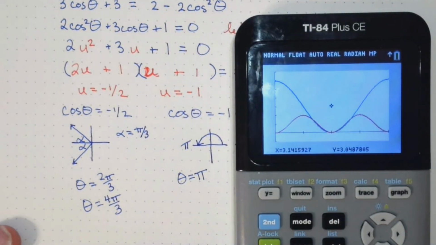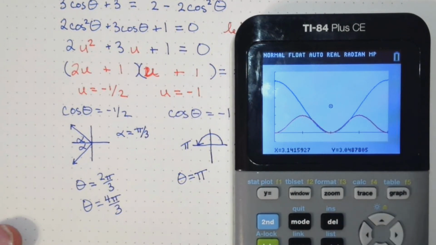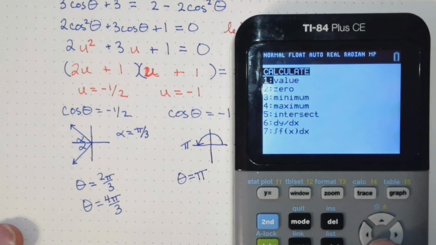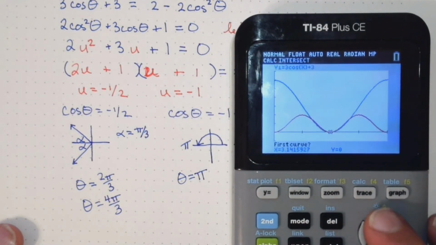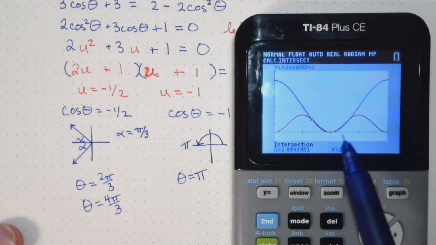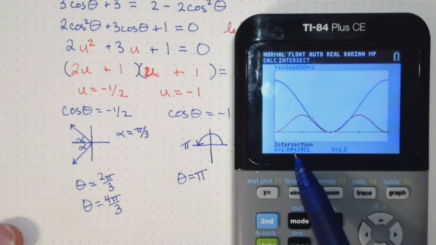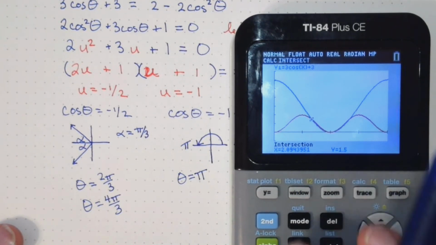Of course, if I wanted to, I can go second, calculate, and find the intersection between my 2 graphs, right? And I can arrow near the point of intersection, press enter once, twice, thrice, and it tells me the intersection is about x is 2.0943.